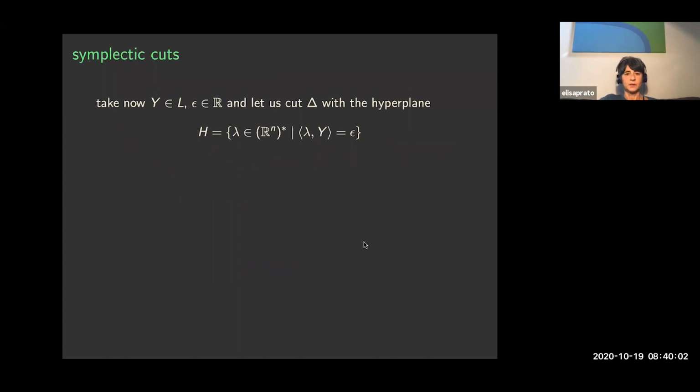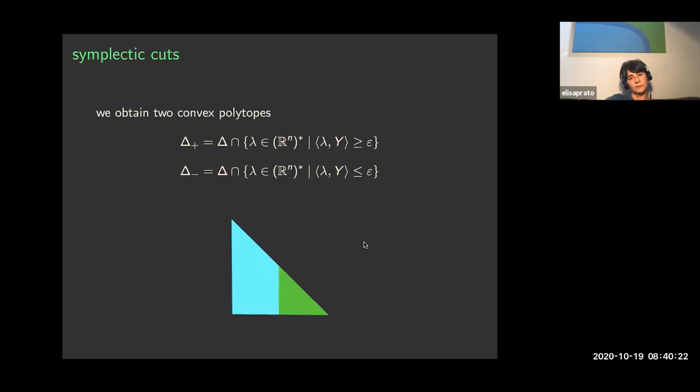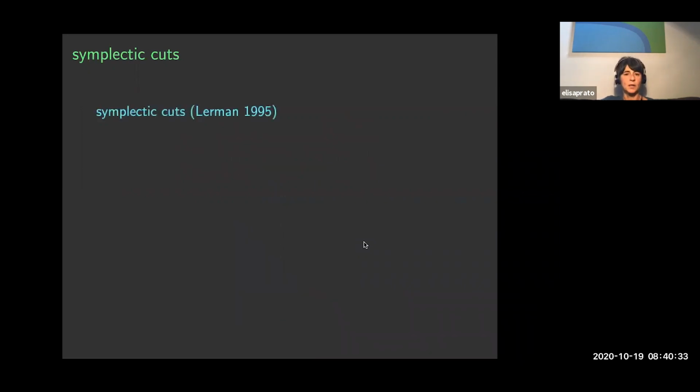Then we consider a hyperplane corresponding to an element in the lattice and a certain real number epsilon. For suitable L and epsilon, this hyperplane will cut the polytope, and this cut will produce two convex polytopes, which are intersections of the original polytope with the two half spaces.